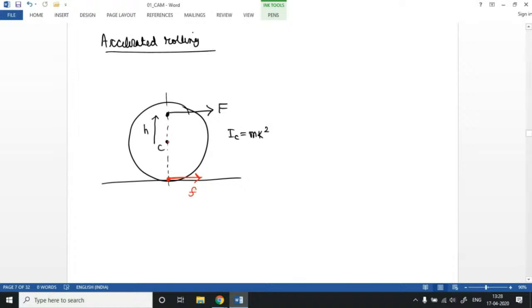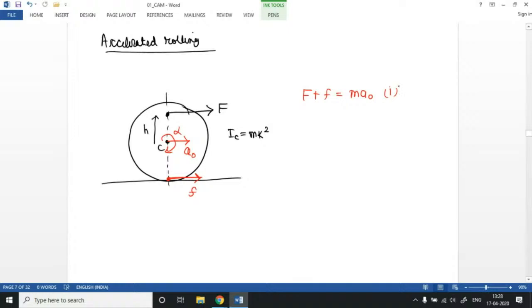In order to find the acceleration of the center of mass and the angular acceleration, we need to write the equation of force and the equation of torque respectively. First, the equation of force along the horizontal gives capital F plus f is equal to mass times the acceleration of the center of mass, that is m a naught. That is equation number 1.